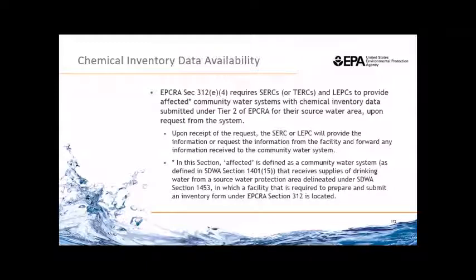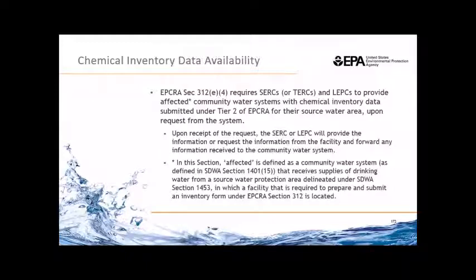So if one of these facilities is located within your source water protection area, upon receipt of request, the CERC or LEPC will provide the information or request the information from the facility and forward any information received to the community water system.